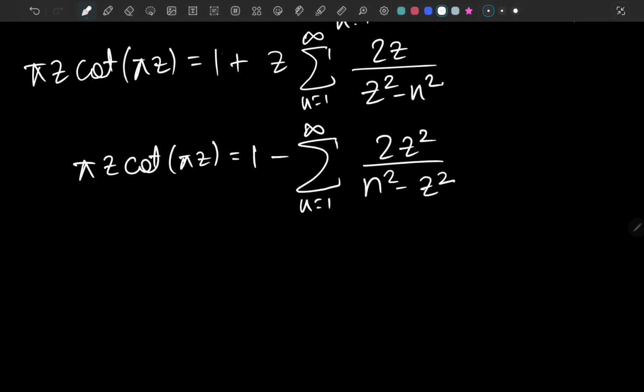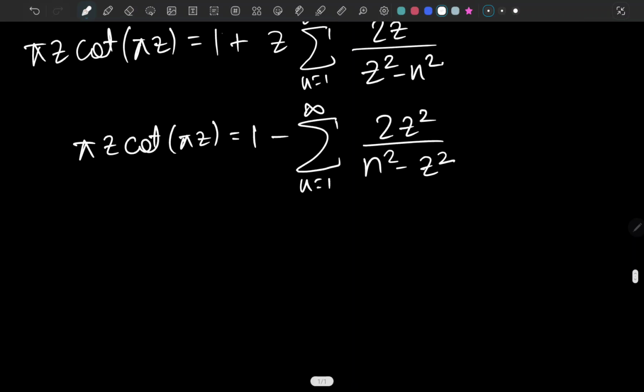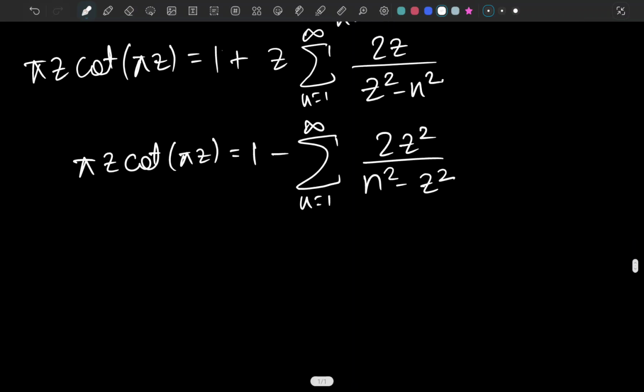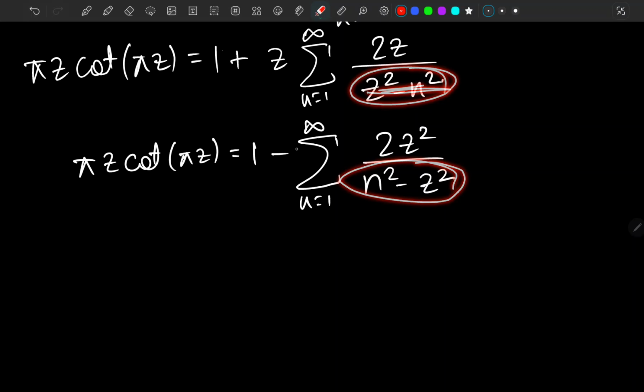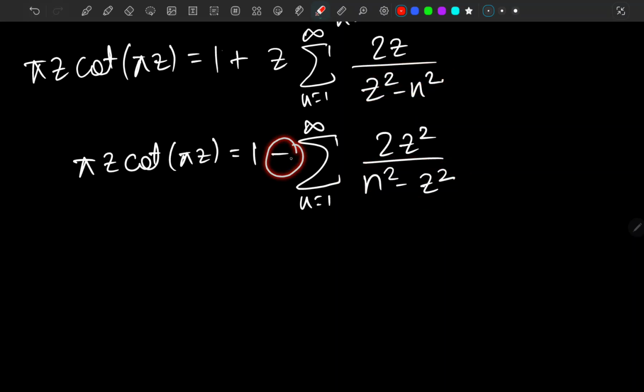I hope you guys are not getting confused. If you want to check this again, this is z squared minus n squared, and it's n squared minus z squared, and here we are having a negative, and if we multiply this in the denominator, we're going to have the same result that we had earlier.